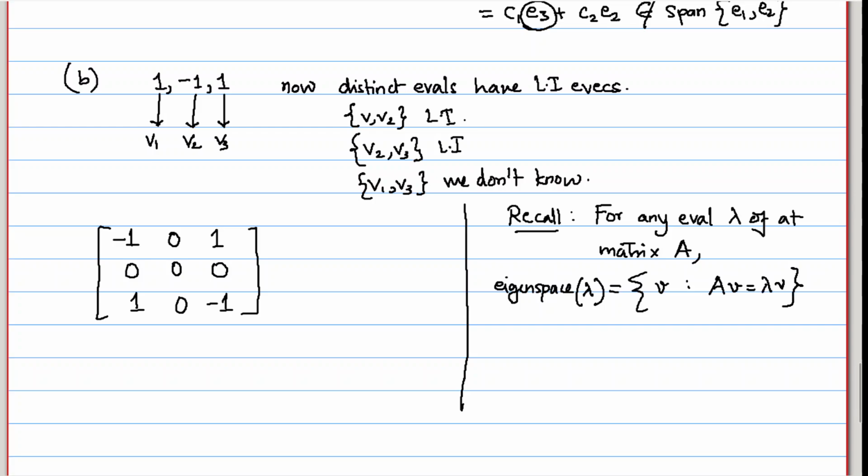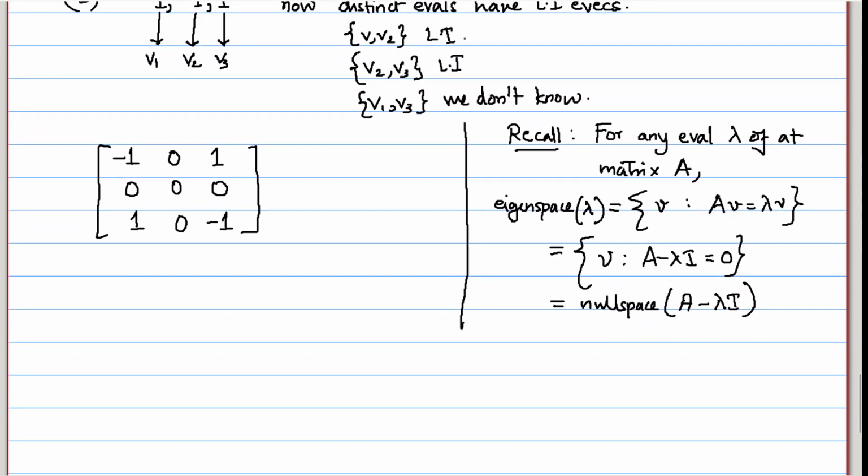But that is nothing but the set of all vectors which is a solution of (A minus lambda I) x equal to 0. What does that mean? This means this is the null space of A minus lambda I. Is this okay? Yeah, eigenspace.